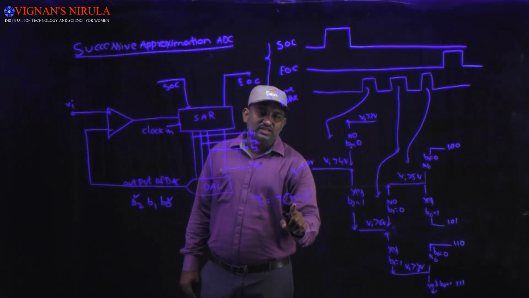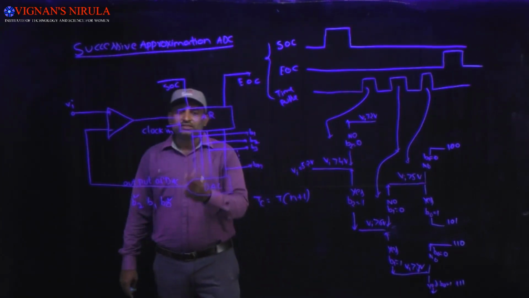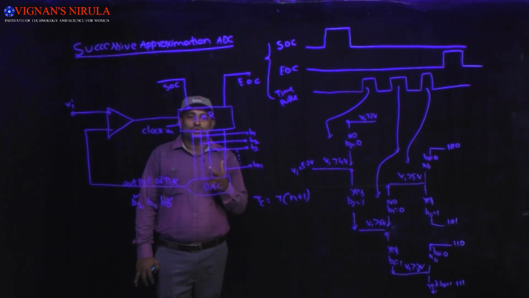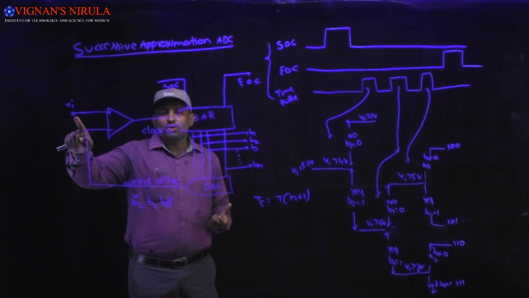If N is equal to 3, we require 3 clock pulses. If N is equal to 10, we require 10 clock pulses. That's it for the successive approximation technique. By using this technique, we calculate the equivalent digital value for the applied analog input voltage.